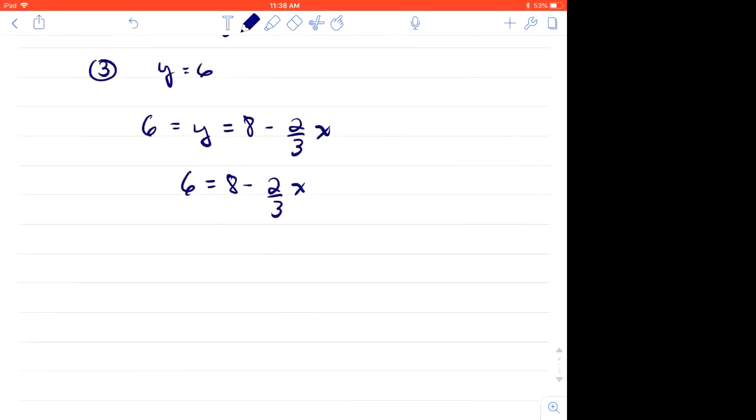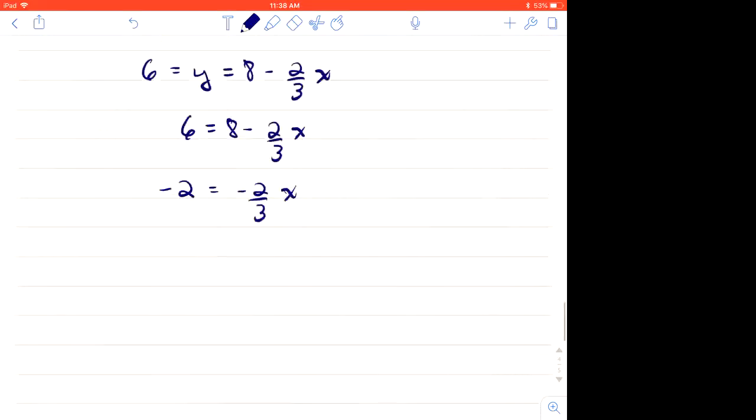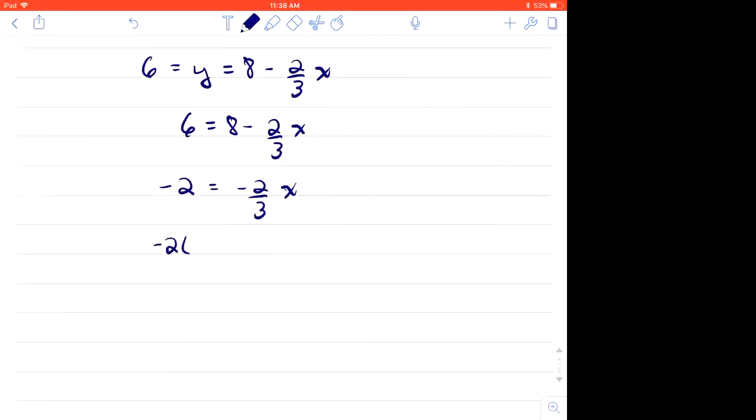Okay, so now we can solve for x here. We can subtract 8 from both sides. However you want to solve for it is fine. So 6 minus 8, negative 2, is negative 2 over 3x. To move the 3 over, I have to multiply by 3, so negative 2 times 3.